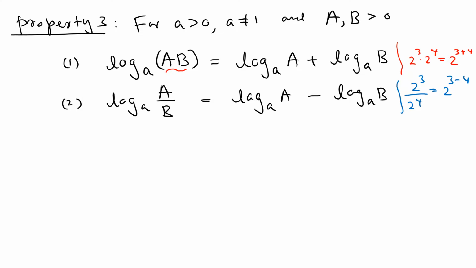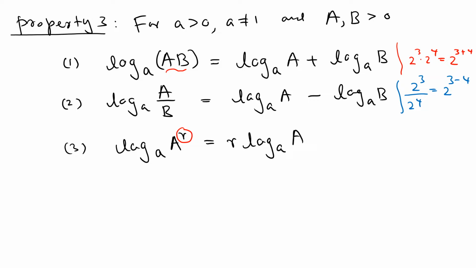Okay, and then the third result, we have log base a of a to the r. So you have some power r. If there's a power r, we're going to take that r out. So this is simply r times log base a of a. This is a very, very useful result.